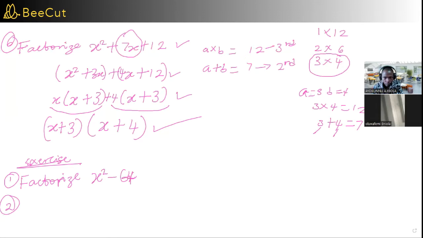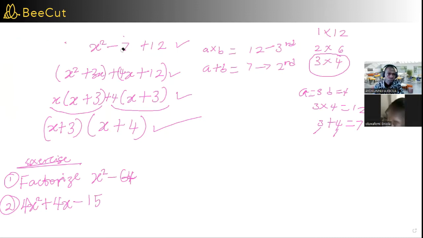So you have to factorize 4x squared plus 4x minus 15. Yes. 4x squared plus 4x minus 15. So if you're through with your first answer or the two answers, you let me know.